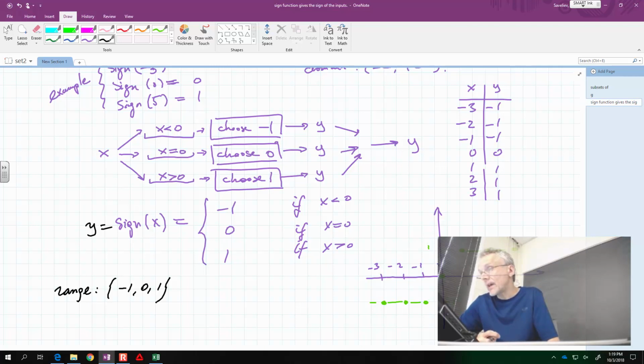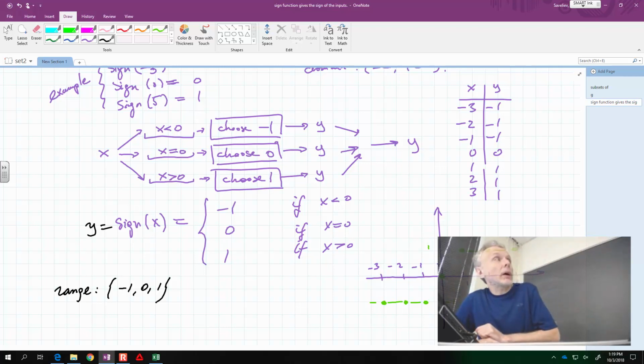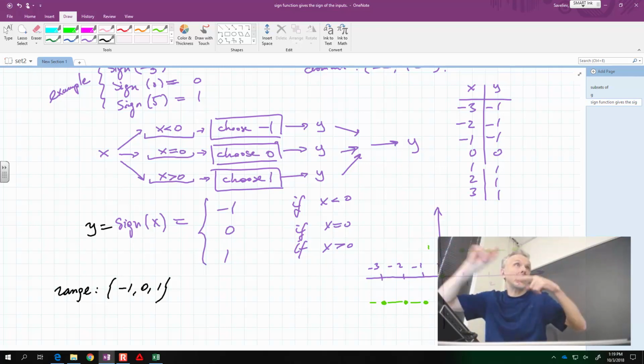Once that is established, you start thinking better about the graph. Remember how we think about ranges in terms of the graph. It is as if you take your graph, put it on a piece of paper or a piece of rubber maybe, and shrink it towards the y-axis. Whatever your graph becomes is the range. So how do you shrink it in such a way that you end up with nothing but three points? It means there are two horizontal lines and one point in the middle.